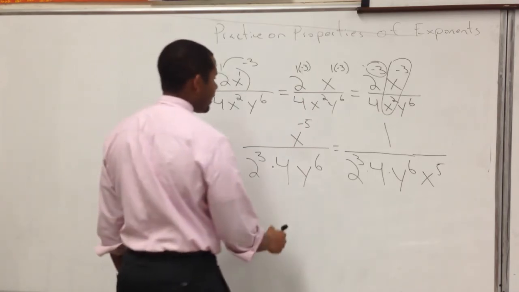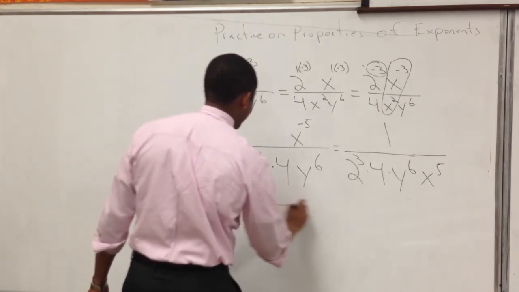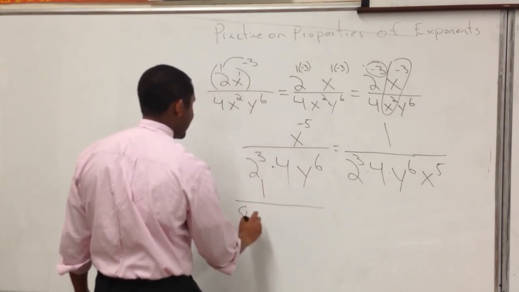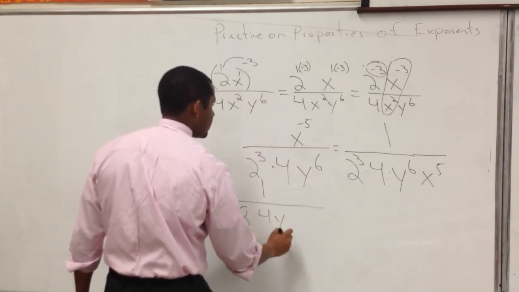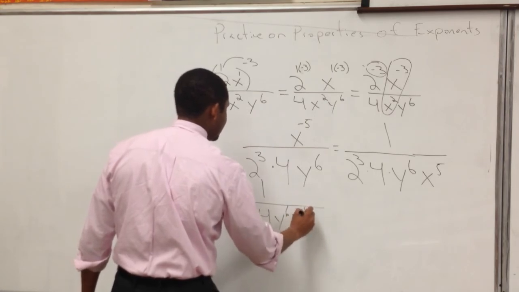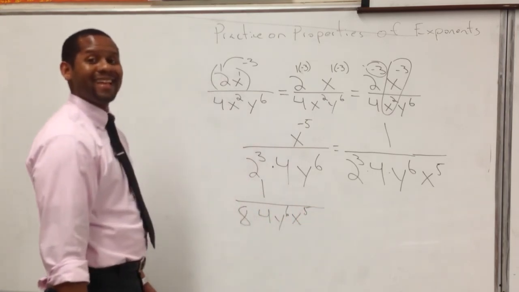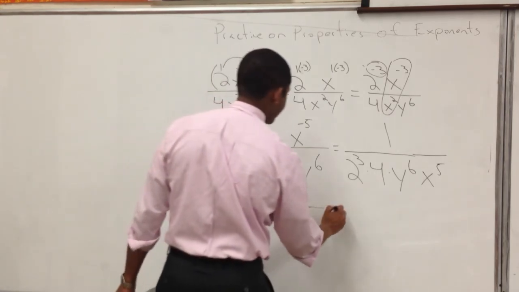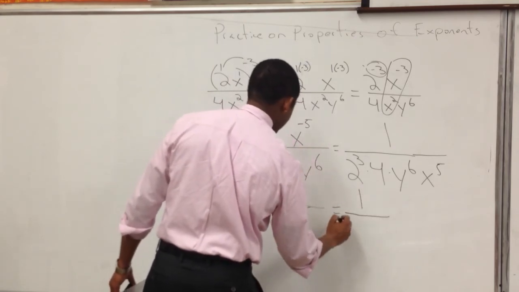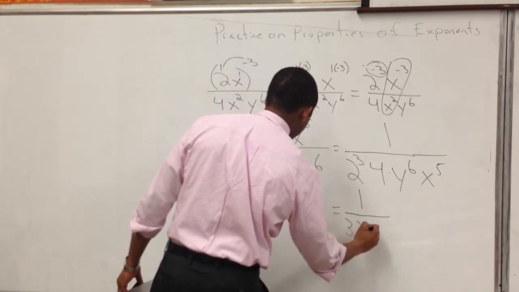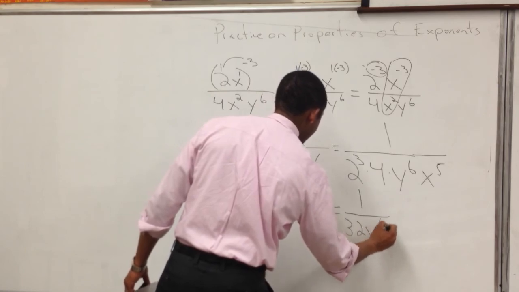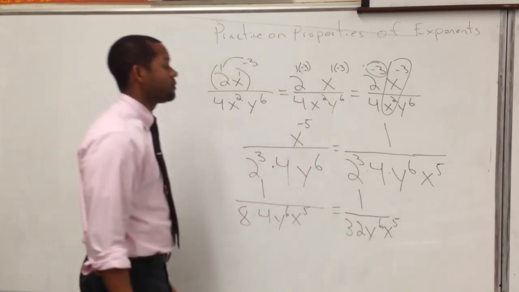So now I'm thinking, all right, well, 2 to the third is 8. So I have 1 over 8 times 4 times y to the 6th times x to the 5th. And I'm almost done. Thinking I get 1 over 32, y to the 6th, x to the 5th. Okay?